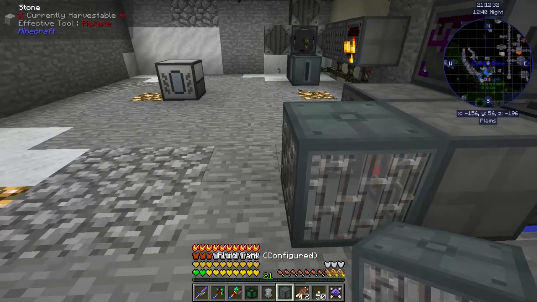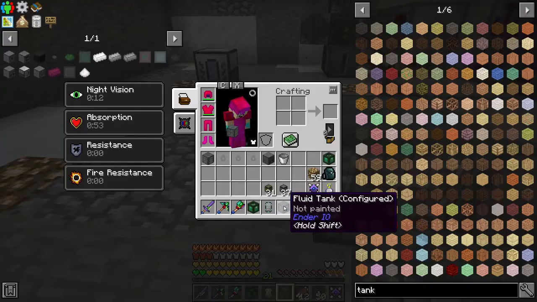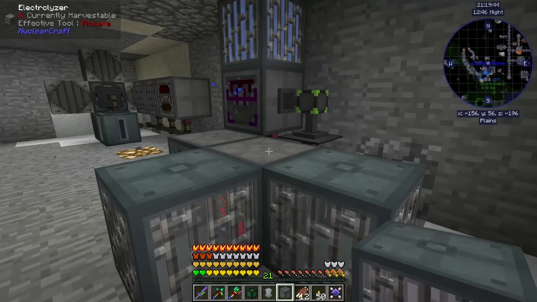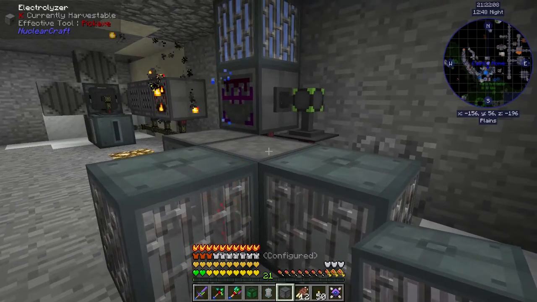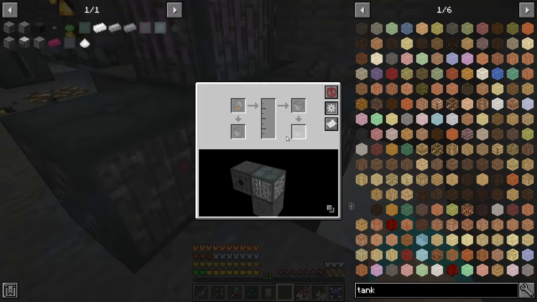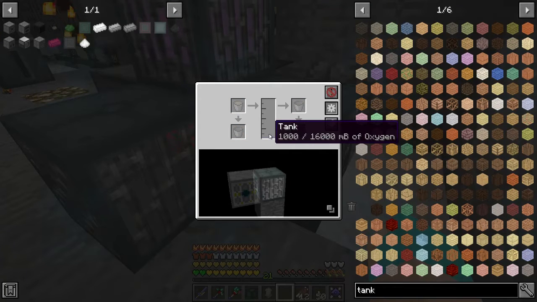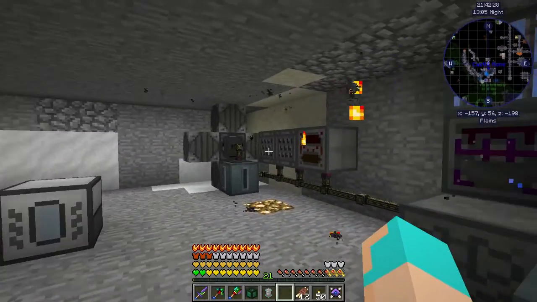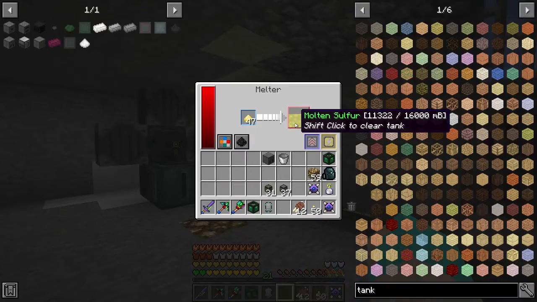This tank has what in it? Nothing. So now we should get oxygen out of that tank and hydrogen in this tank. If I pull here, I should get oxygen. Yes. Alright, now that's our sulfur.